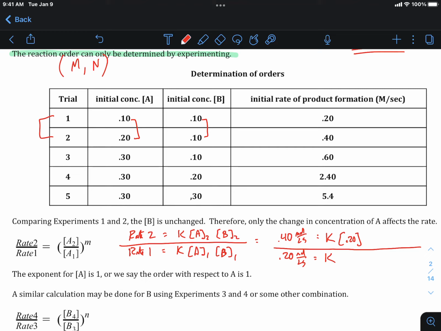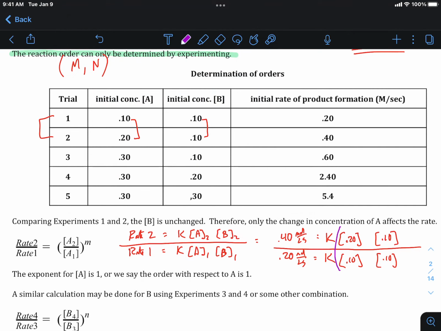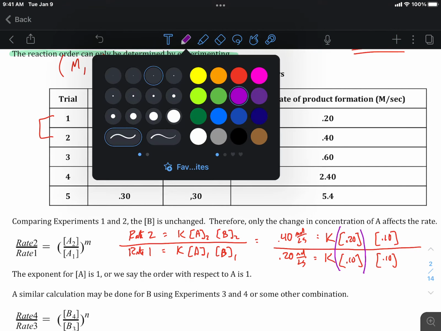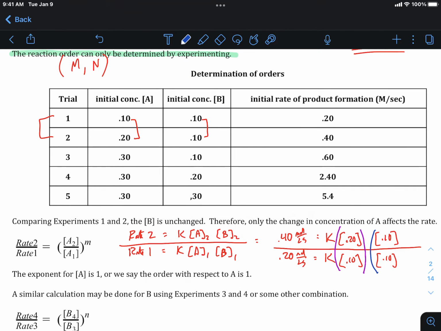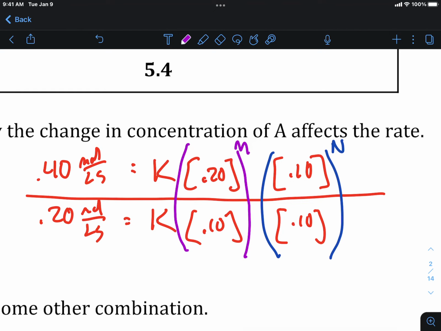And remember, the brackets imply molarity. The concentration of A in trial 1 was 0.1 molar. The concentration of B was 0.1 and 0.1. Now I spaced these out on purpose because I'm going to draw in some parentheses, and it's these parentheses that are going to be raised to the order, like so.